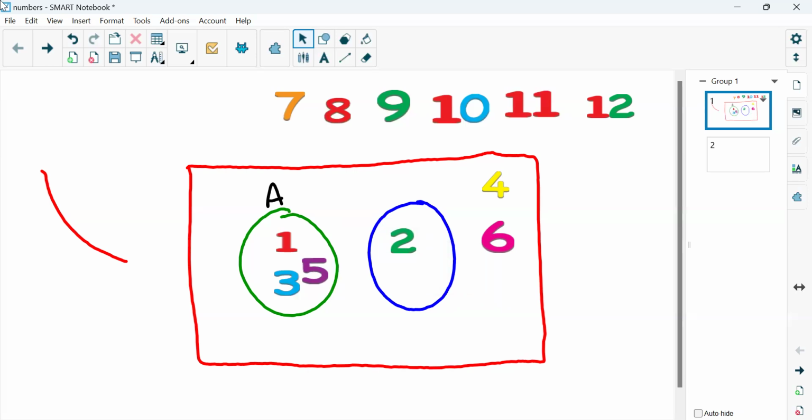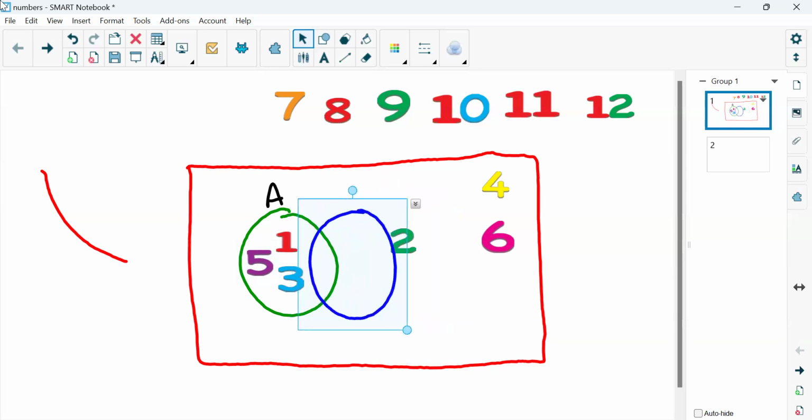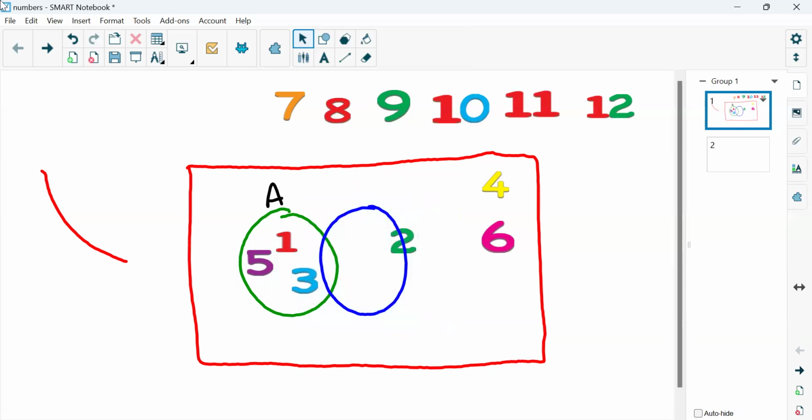I'm having a problem. If I take this 3 here, but you also need it here in A. So how do I fix this problem? I'm going to take this person and say, come closer here, so that we can share this person who is 3.